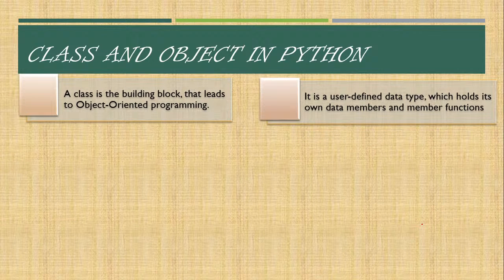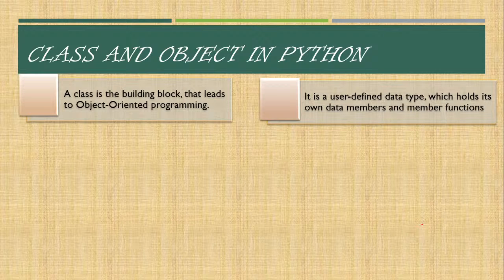See, basically, we know that there are several types of data types, and if we broadly classify them, one kind is the data types which are predefined or which pre-exist in any programming language, and there are some data types which the user can itself create. So class is basically a user-defined data type.